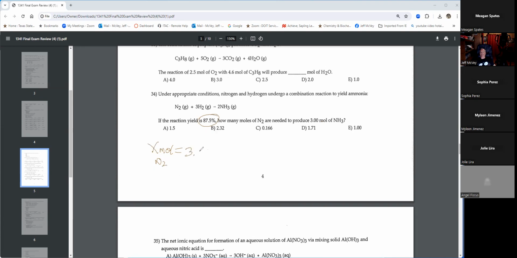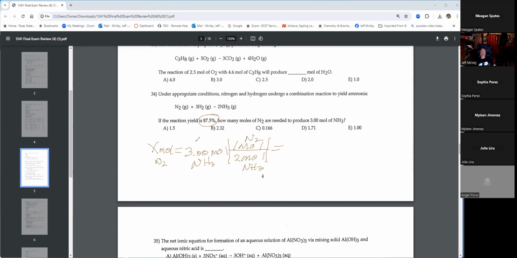So we've got 3.00 moles of NH3. And we just do the math. We use the mole to mole ratio. So the mole to mole ratio is, this is moles of NH3, so we have 2 moles of NH3, and then that's going to produce 1 mole of nitrogen.